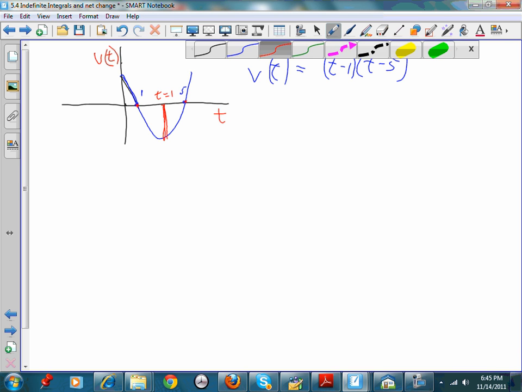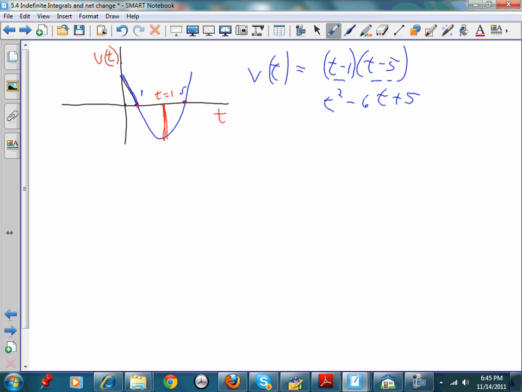Okay, what is my function here? I designed this to have a 0 at 1 and a 0 at 5. So what is it? It's t squared minus 6t plus 5. And what was the first question we wanted to answer? What is s of 3? Oh, that's s equal 3, sorry. What's s of 3 minus s of 0?